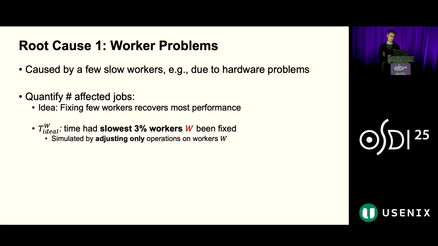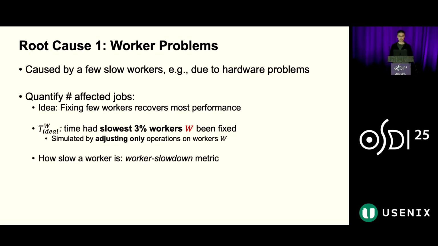Of course, we cannot really fix the workers and rerun a job, which is too expensive. Instead, we simulate this quantity with a similar what-if simulation you saw earlier. But instead of adjusting all operations, we now only adjust loads on W.